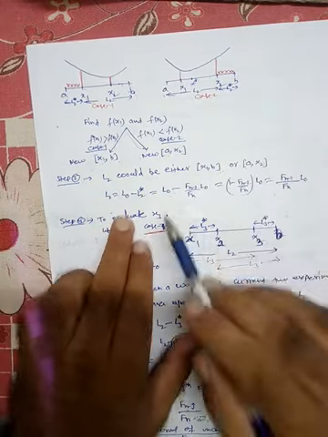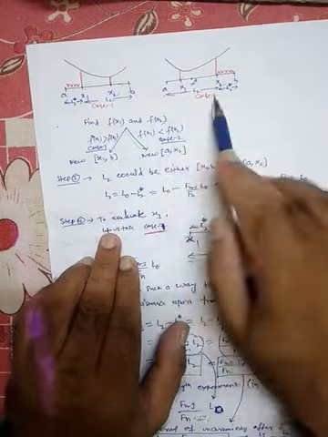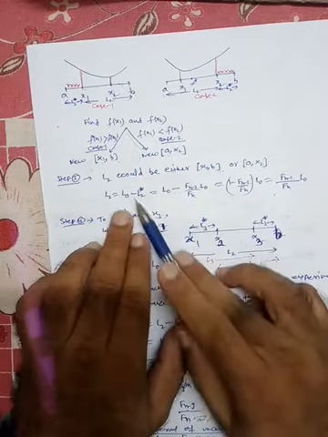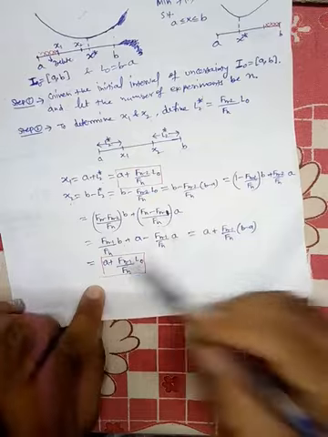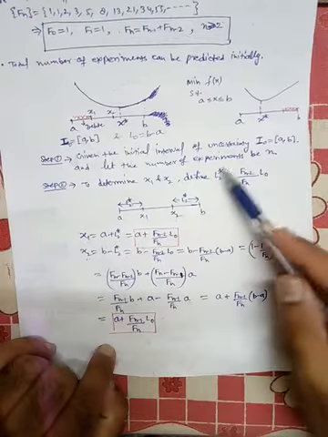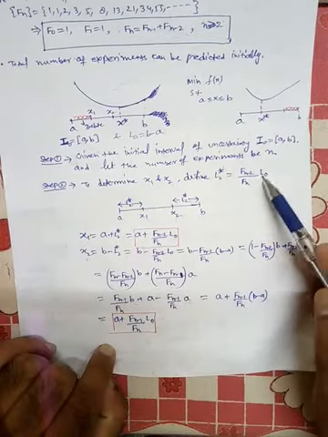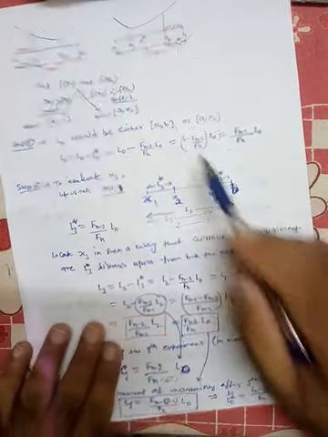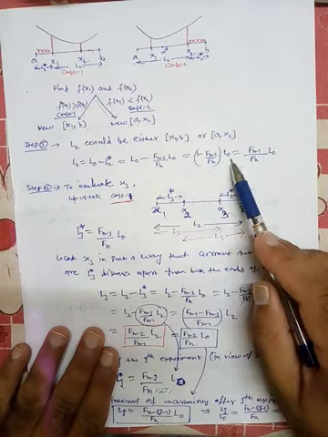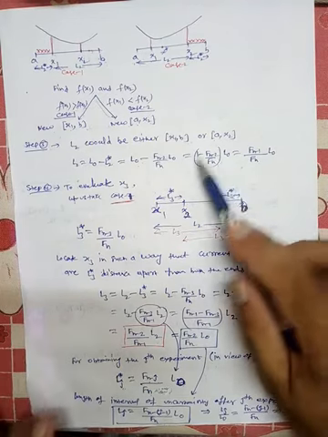Both distances L2 will be the same. So L2 is this: L0 minus L2 star. L2 star is from here: L2 star is f_{n-2} by f_n L0. So here we have replaced this value by this. Now take L0 common: 1 minus f_{n-2} by f_n, times L0.